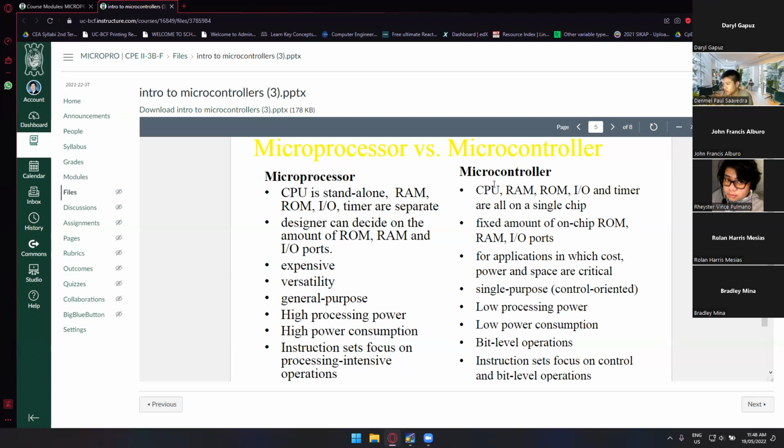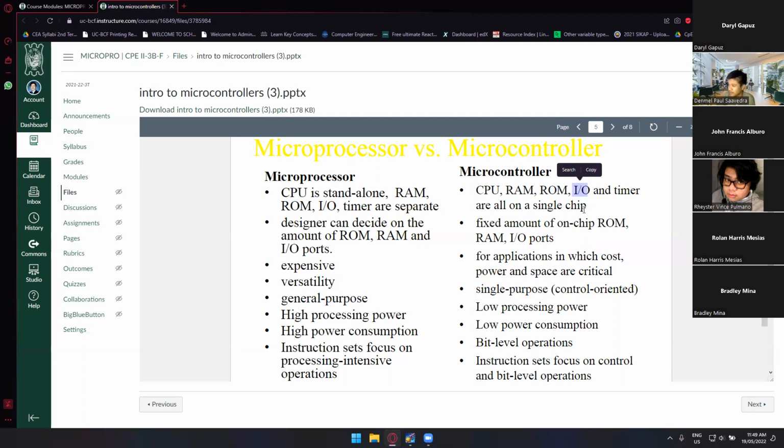While on the other hand, the microcontroller is composed of CPU, RAM, ROM, input, output, and timer, all on a single chip. Now the problem with this one is that they have variations in speed, amount of memory, amount of internal hard disk, and a limited input output. So whatever is installed on that chip, you cannot change anymore, unless you do re-engineering of the entire microcontroller.